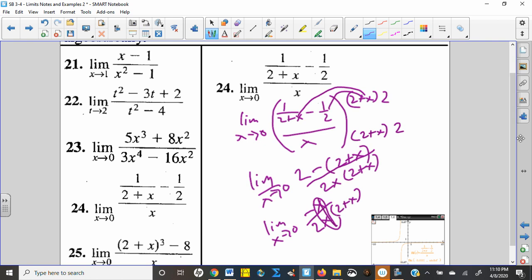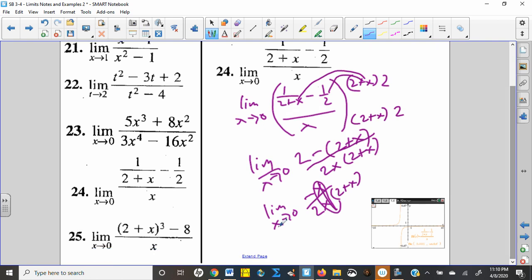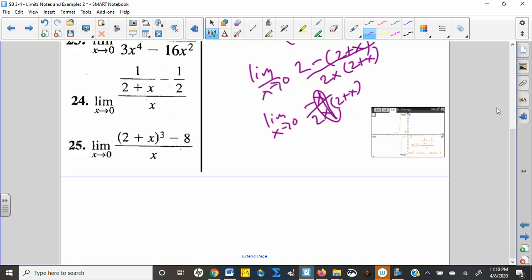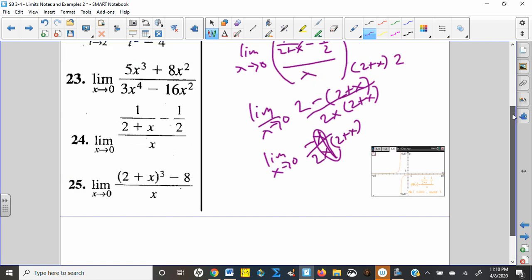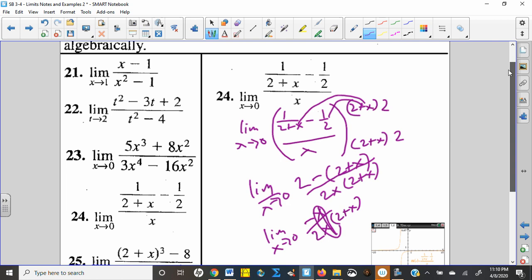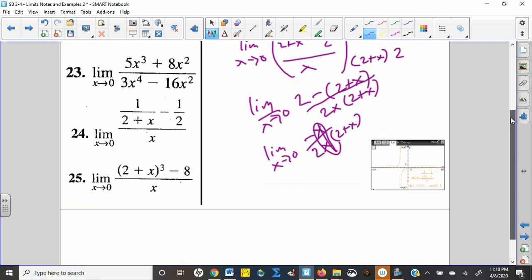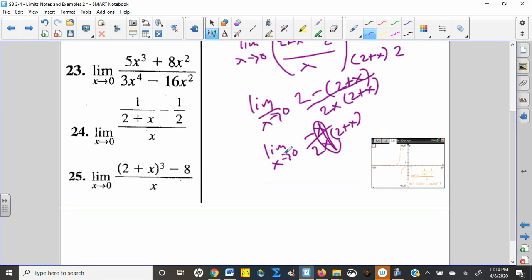If you go back and watch the example we did yesterday, it's part of the extra examples that looked very much like this, except it was probably not a 2, it was probably another number. You're going to see something that looks just like that. Okay, so all I have left now is a negative 1 on top and a 2 times 2 plus x on the bottom.